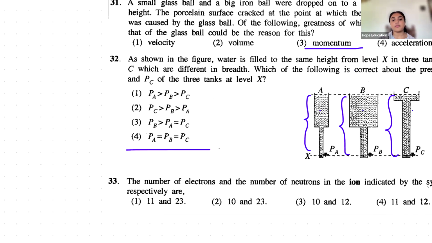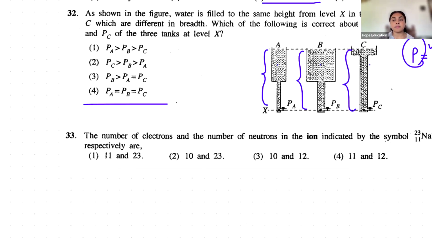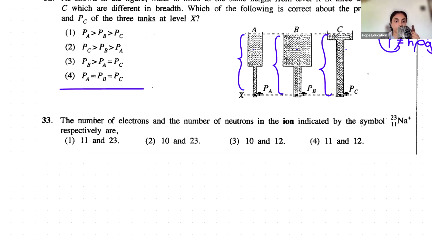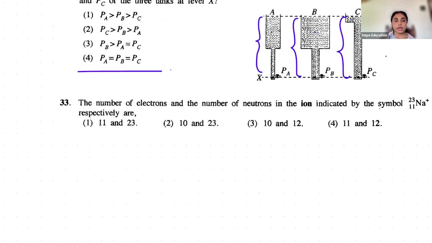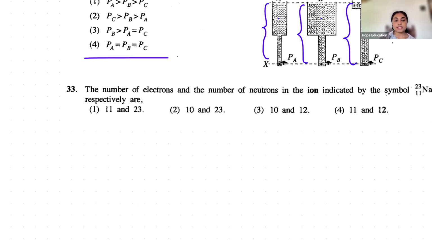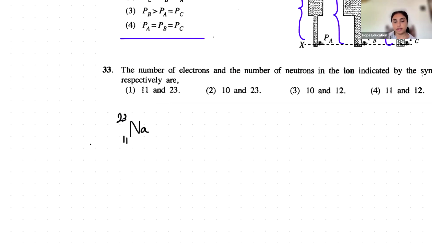Number of electrons and number of neutrons in the iron indicated by the symbol Na plus respectively. What is the answer? Okay, let's see. Remove the plus. Let's take the sodium atom. Now the atomic number is 11. Atomic number 11 means protons are 11.